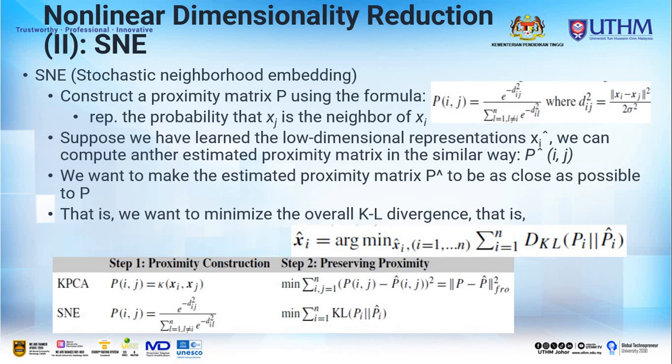You can see Pij is equal to e to the power of negative d squared ij, where d squared is equal to the norm of xi minus xj squared divided by 2 sigma squared. Pij represents the probability, and this formula captures the similarity between the points based on Euclidean distance.